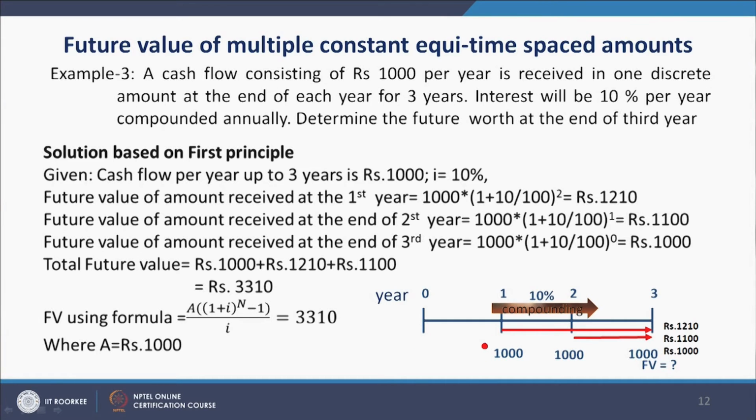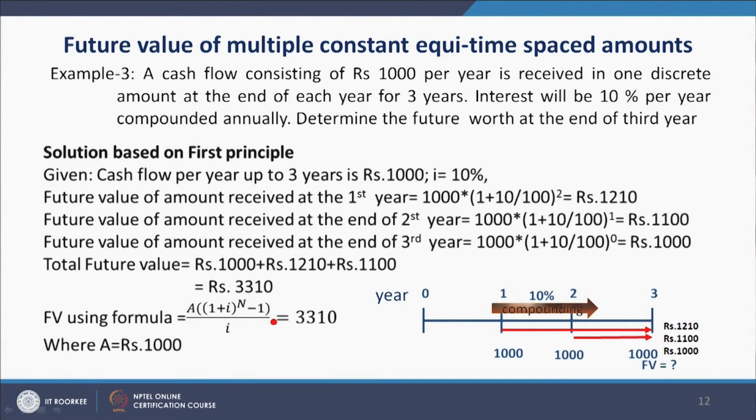We have found out the future value of each amount, and we have added them together to find out the total future value. The same can be done through this formula. The future value is equal to A into (1 plus i to the power n minus 1) divided by i. When I put my values here, then it comes out to be 3310.